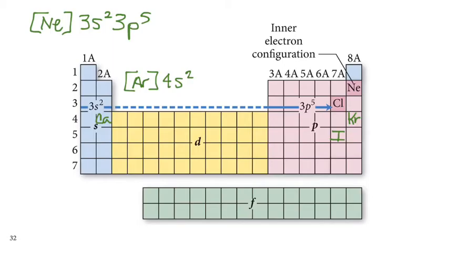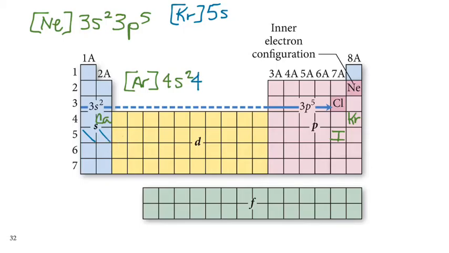So we've got krypton. And from krypton, we're going to come over here, and this is 5s2. Let's cross these off as we go through them. There's 5s2, and then we get to this D block. This is sunken, so it's not 5d, it's 4d.